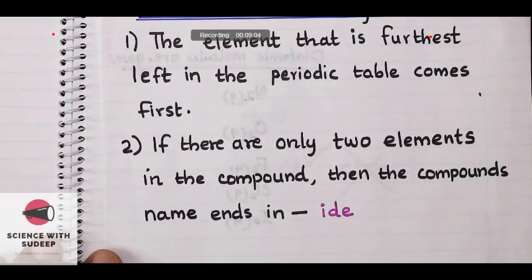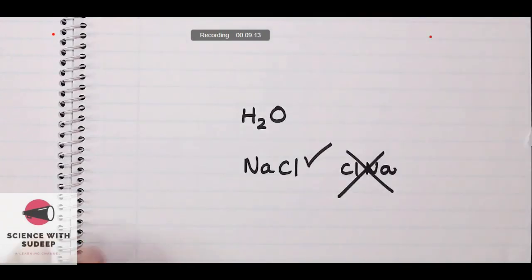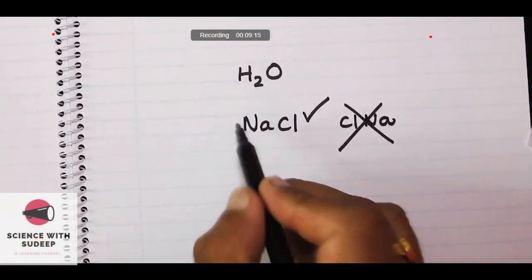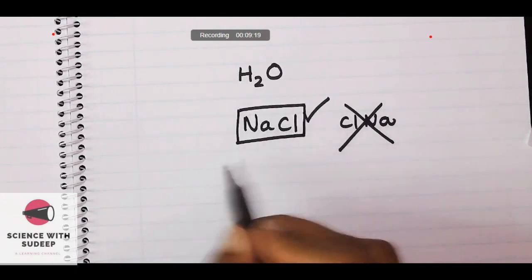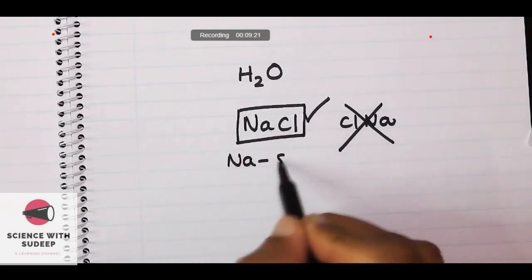If there are only two elements in the compound, then the compound name ends in -ide. Let's have a look at it. Look at sodium chloride. It has only two elements. One is Na, that is sodium.